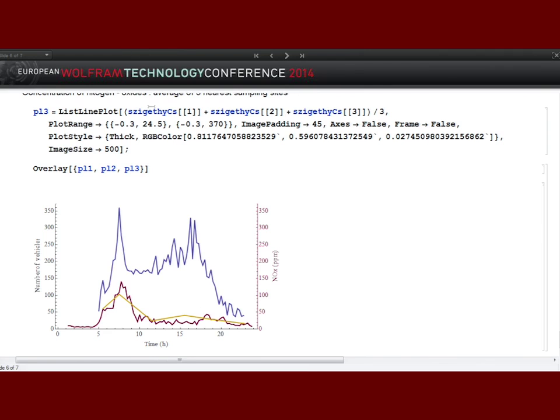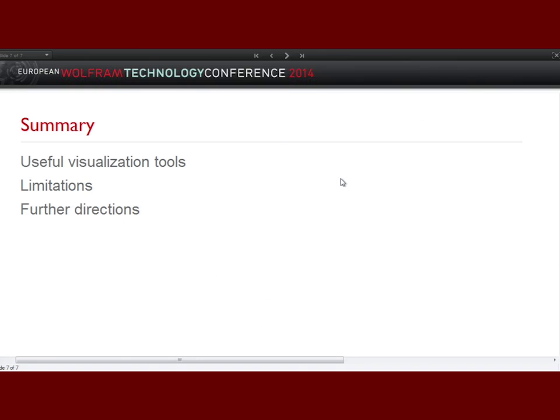So finally, I would like to summarize the results. We found that Mathematica is a useful tool to visualize data, as you could see. But we had some troubles with huge Excel files, so it is not so convenient to work with them.